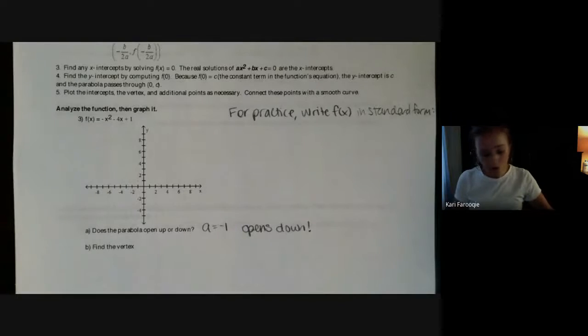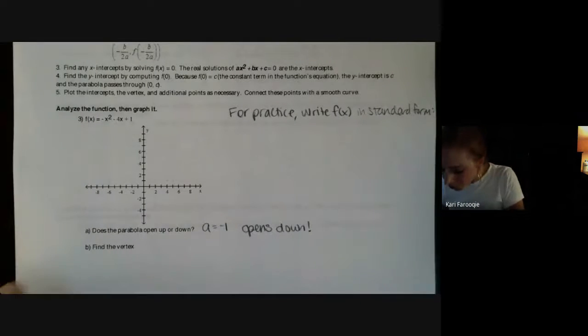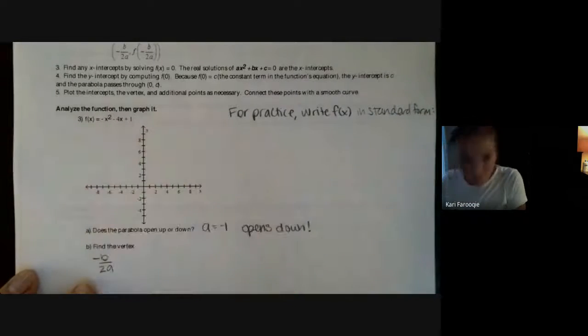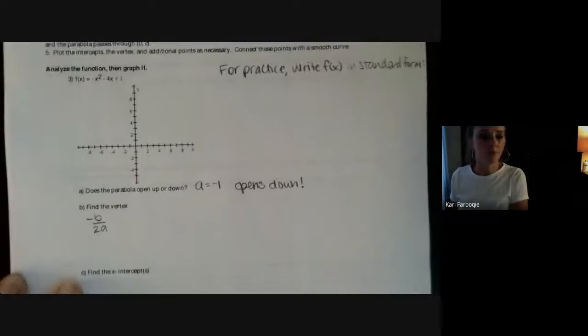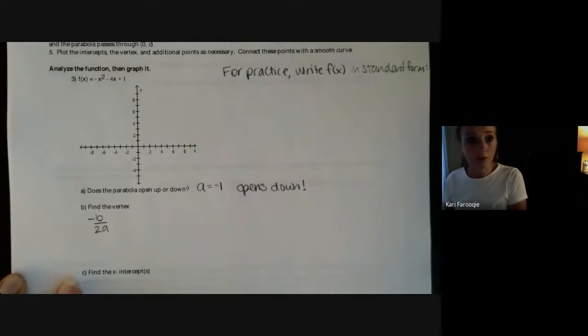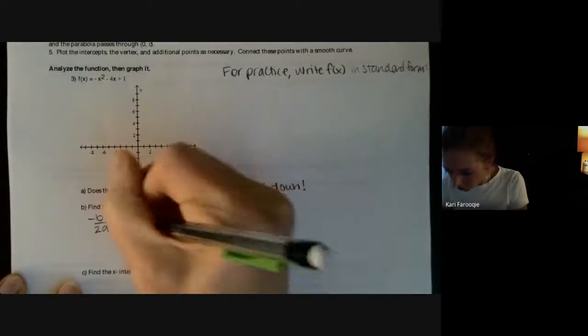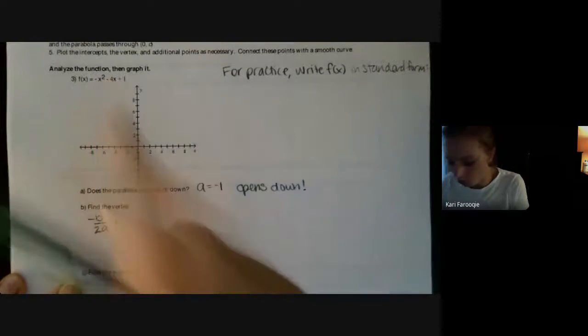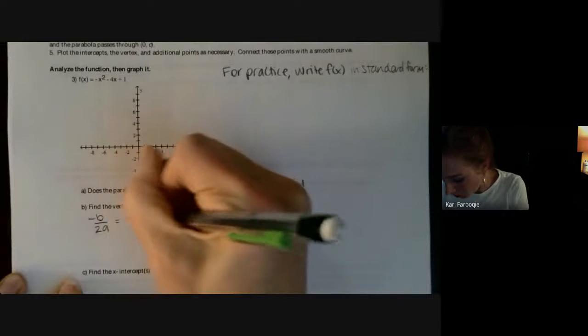The next thing we're going to do is find the vertex, and we're going to use our new formula in order to do that. So we're going to take negative b over 2a. Now, negative b would be -4. B is already -4, so be careful here.